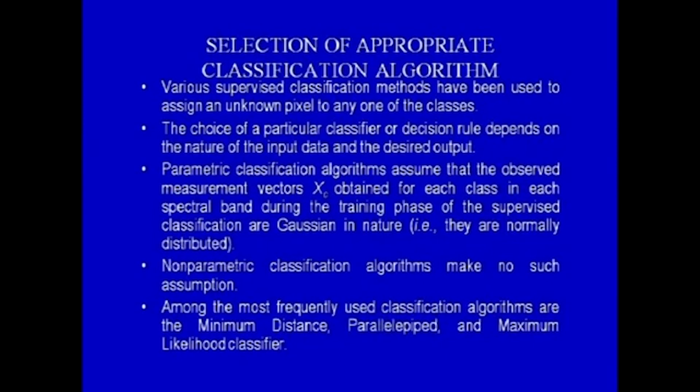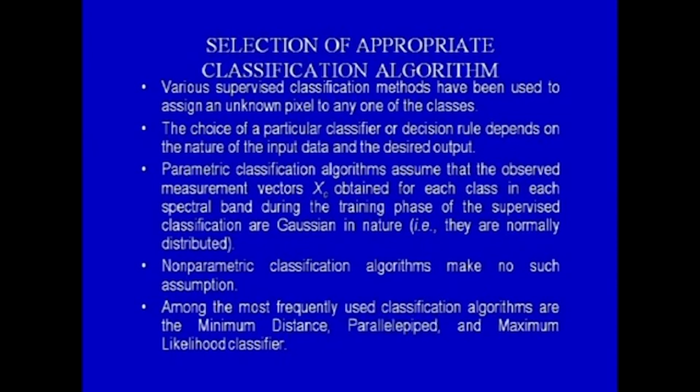Parametric classification algorithms assume that the observed measurement vectors X_c obtained for each class in each spectral band during the training phase of the supervised classification are Gaussian in nature, that is, they are normally distributed. Non-parametric classification algorithms make no such assumptions.